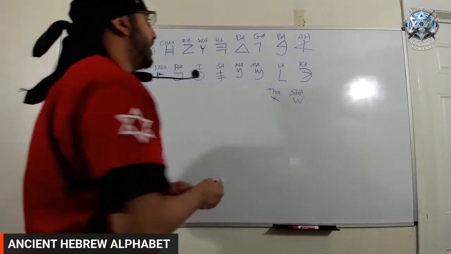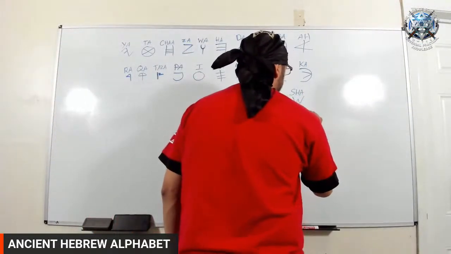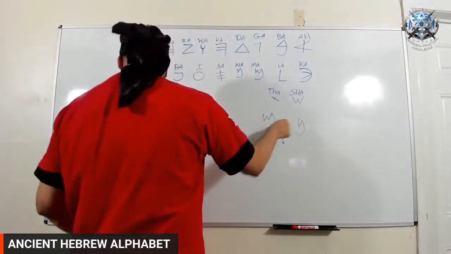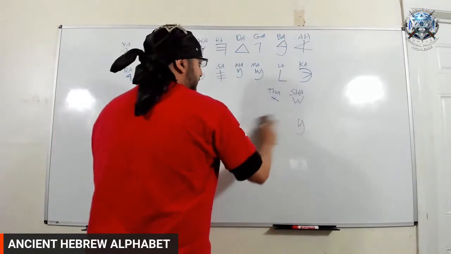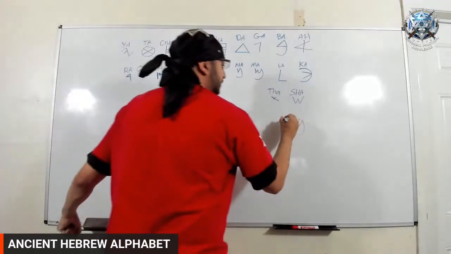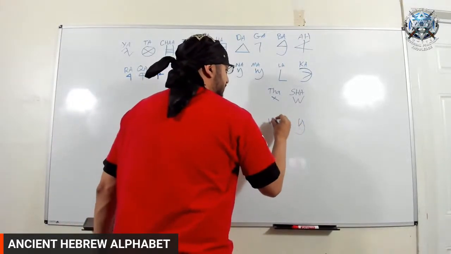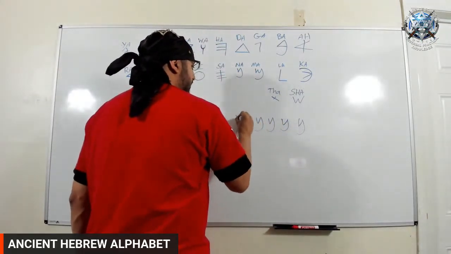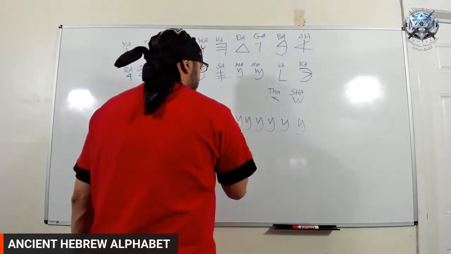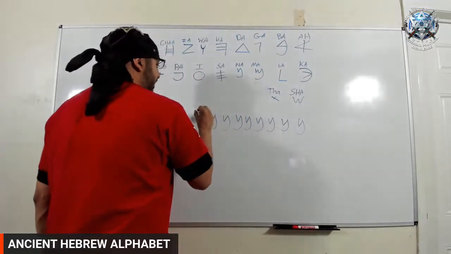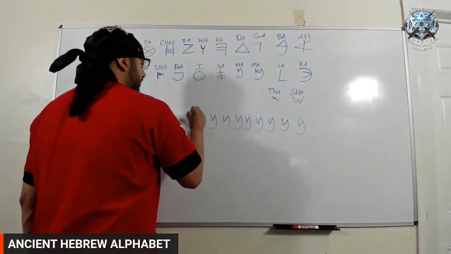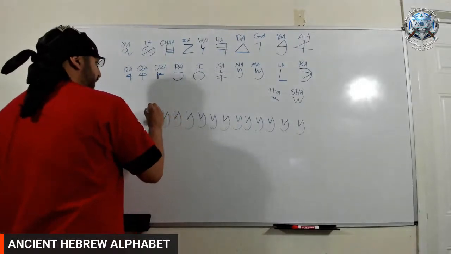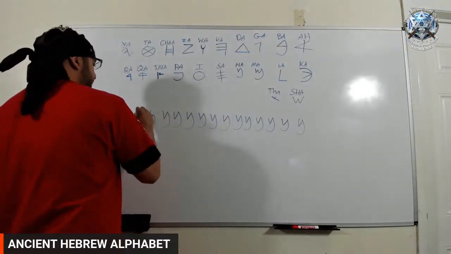Next letter. Na. Remember, na has less squiggly. So instead of doing the whole thing like that, it's just down, up, down. All right. So na.